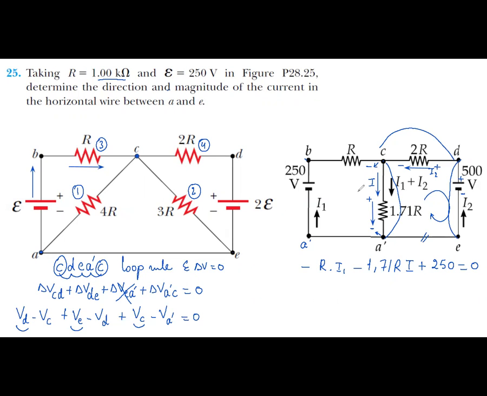Between D and C, we start by this point. From C to D, D is at the positive side, so we have here plus. The voltage equals the resistance times I. Here we have I2.